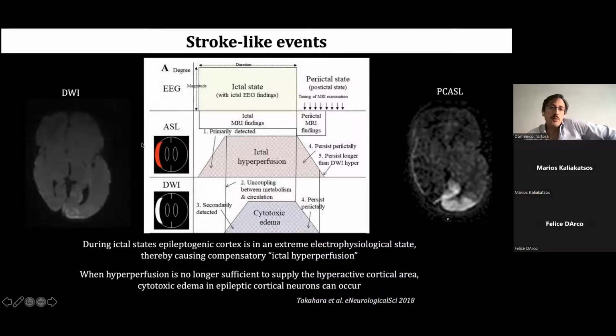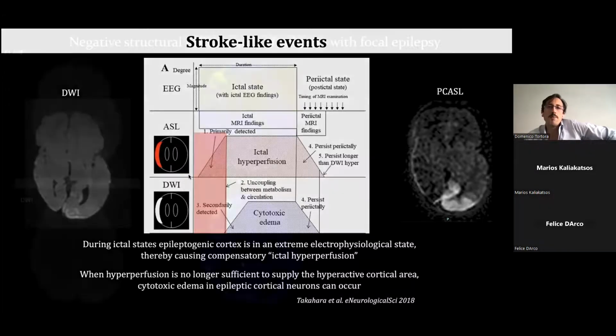When this hyperperfusion is no longer sufficient to supply the hyperactive cortical area, we may also observe the cytotoxic edema with restricted diffusion in DWI sequences. But it's important to observe that the perfusion changes precede the cytotoxic edema.